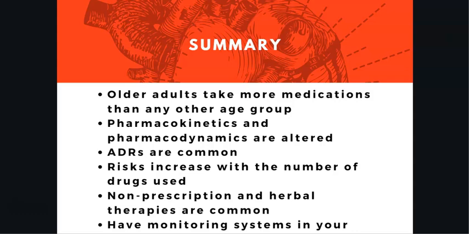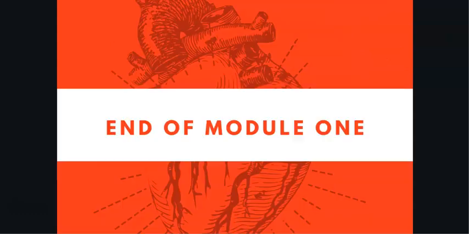The risk increases with the number of drugs used, so polypharmacy is a problem. Non-prescription herbal therapies are common. Have some monitoring systems in your clinical practice. Lay eyes on those bottles. Okay, that is the end of Module 1.